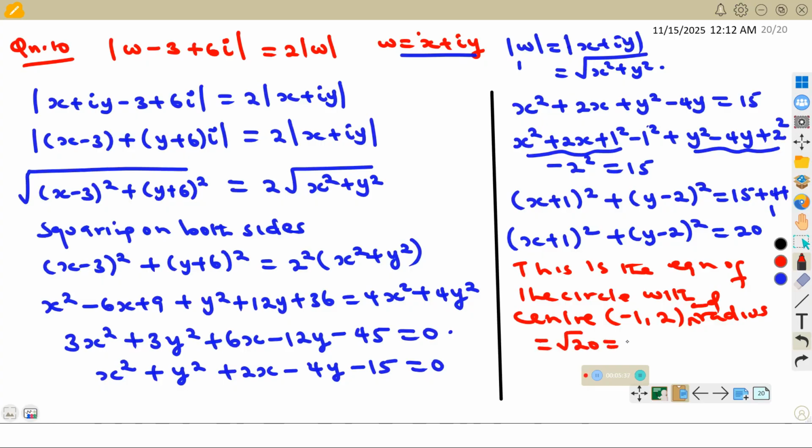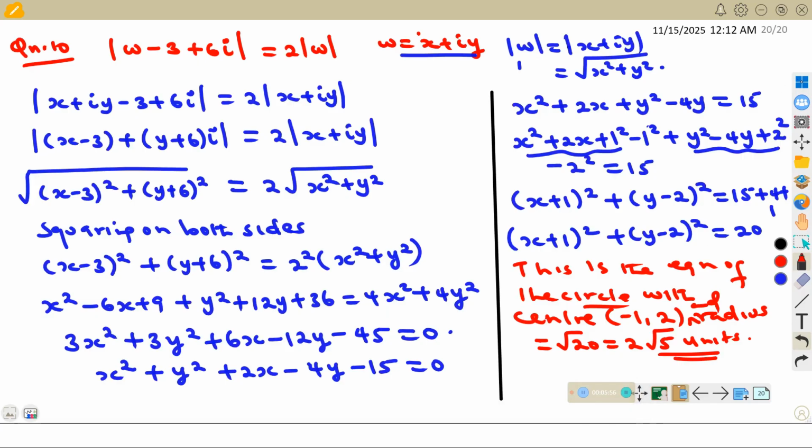And this can be the same as 2 square root of 5 units. So the Cartesian equation of the curve is a circle that has center -1 and 2 and radius 2 square root of 5.